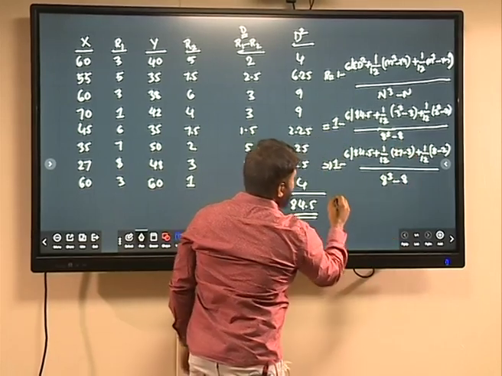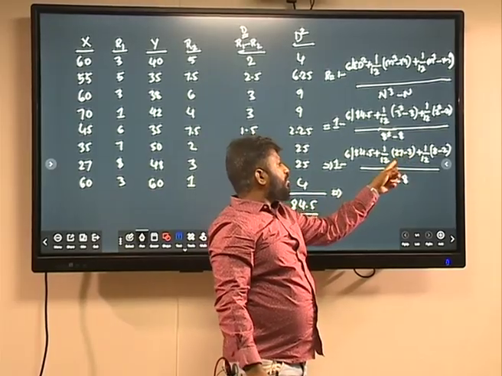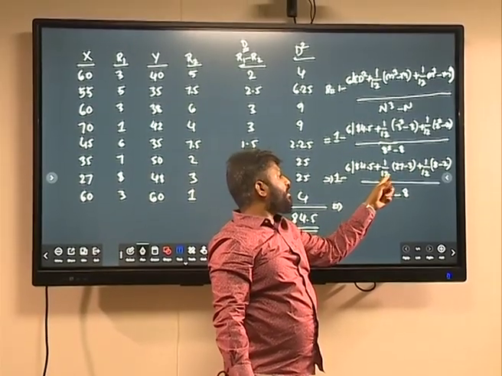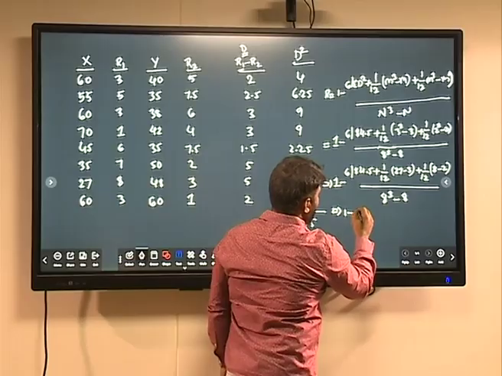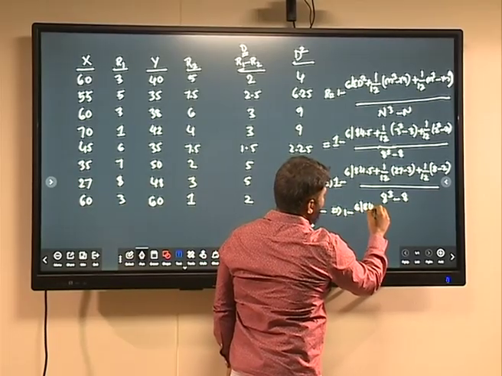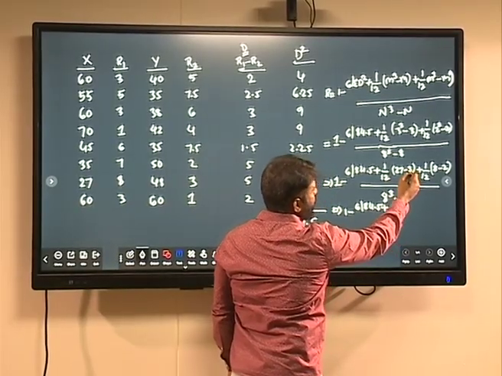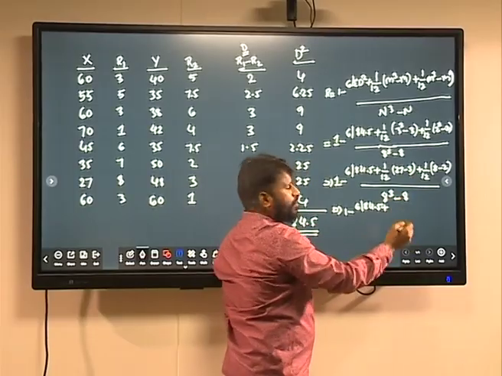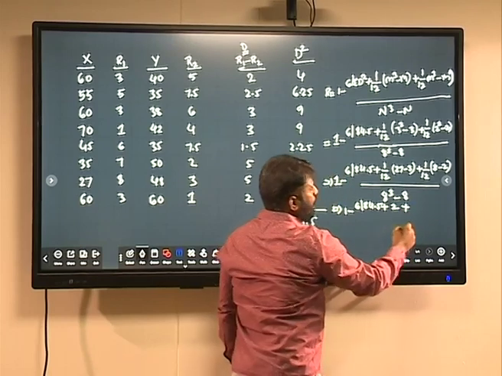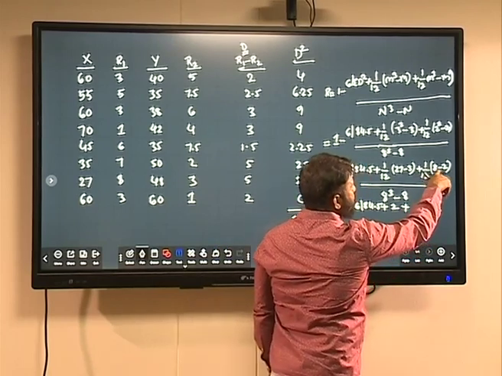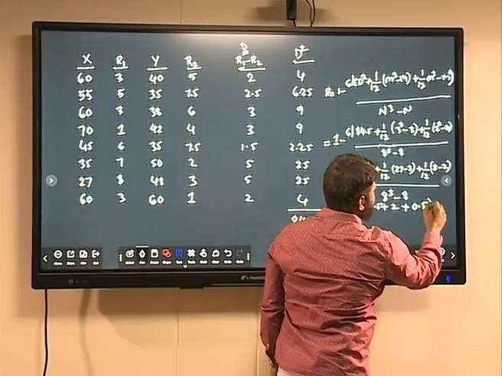After that, the next step is 27 minus 3, 24. You can simplify this data. 12 ones are 12, 12 twos are 24, so 24 divided by 12 is 2. Direct you can write 1 minus 6 into 84.5 plus, taking the total value 27 minus 3, 24, 24 by 12, I am going to take the direct value 2. After that, 12 is there, 8 minus 2 is 6, and 6 by 12 is 0.5, so 0.5.